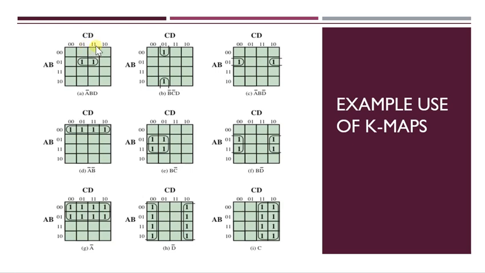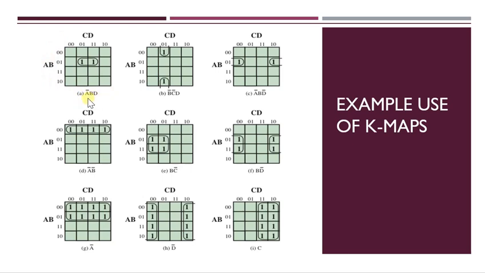We only take variables that have no changes. For variable C, which changes, we don't take it. We only take variable D, which maintains 1 and 1 here.